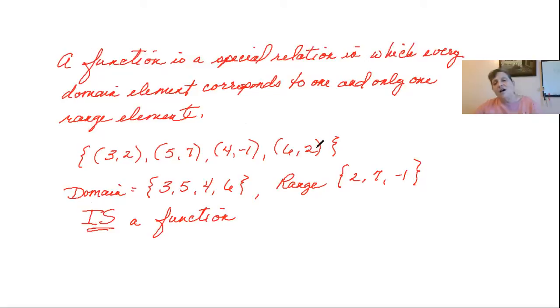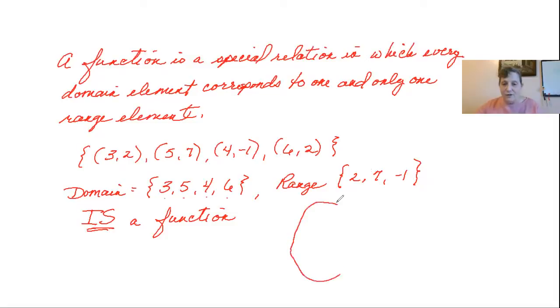And 6 only corresponds to 2. Now, the definition doesn't say that it has to be a one-to-one function, in which case this last point would keep it from being a one-to-one function. However, it is a function because every one of these domain elements only pairs up to one specific range element.